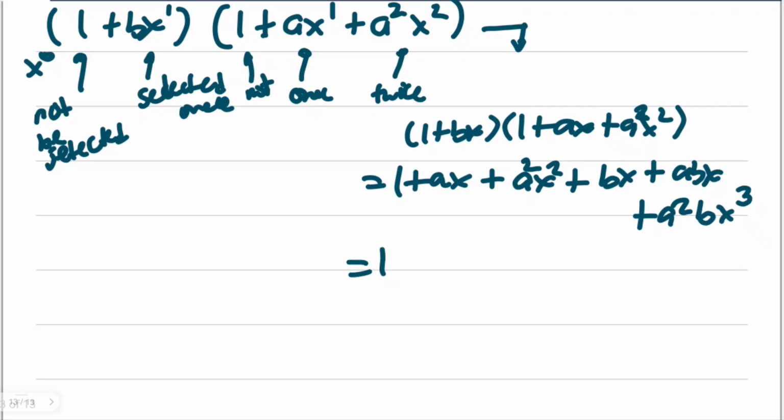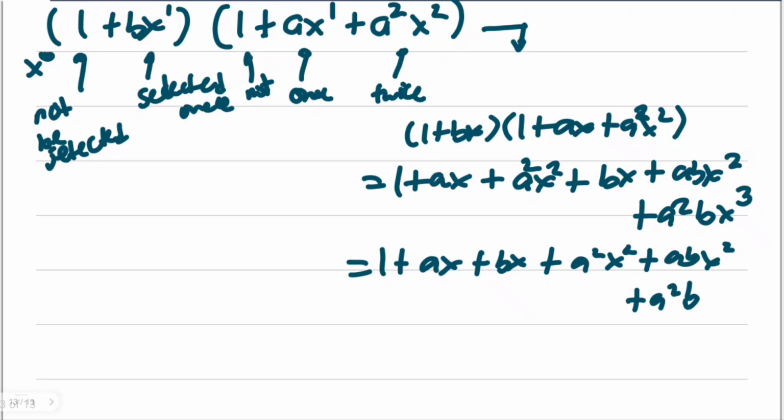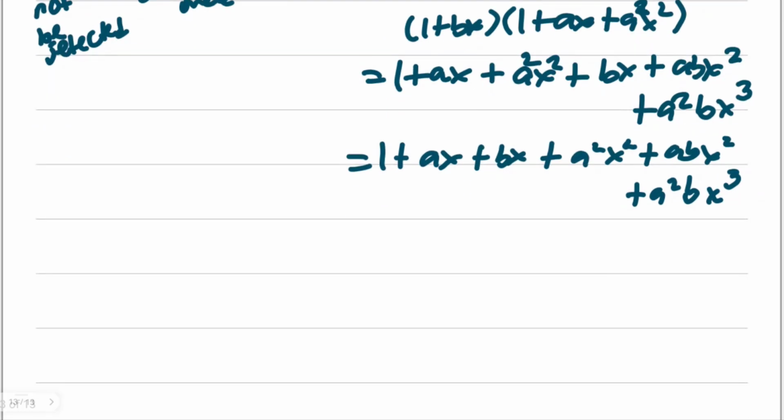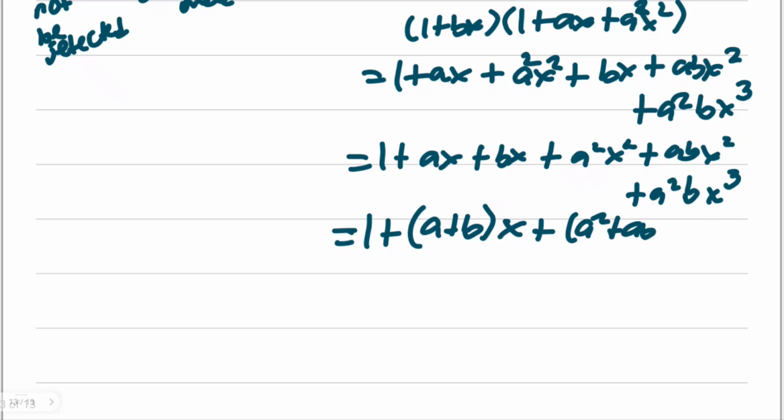I'm going to pair all of those with the same exponent. So we'll have here 1 plus a plus b x plus a squared plus ab x squared and plus a squared b x cubed.